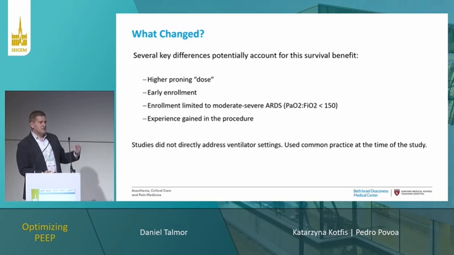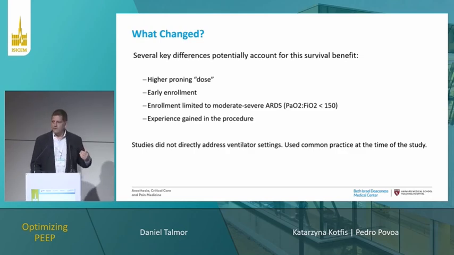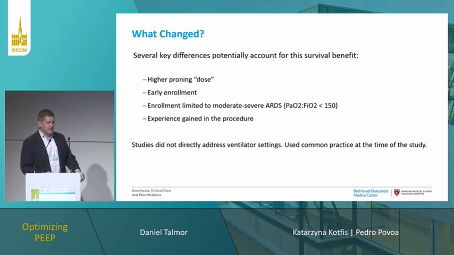We enrolled patients earlier. We honed in on the patients most likely to benefit, so the P-to-F ratio of less than 150. There was obviously experience gained in the procedure. We all learned to prone really quickly during COVID-19, but it's not a benign procedure. We have to learn how to do it.